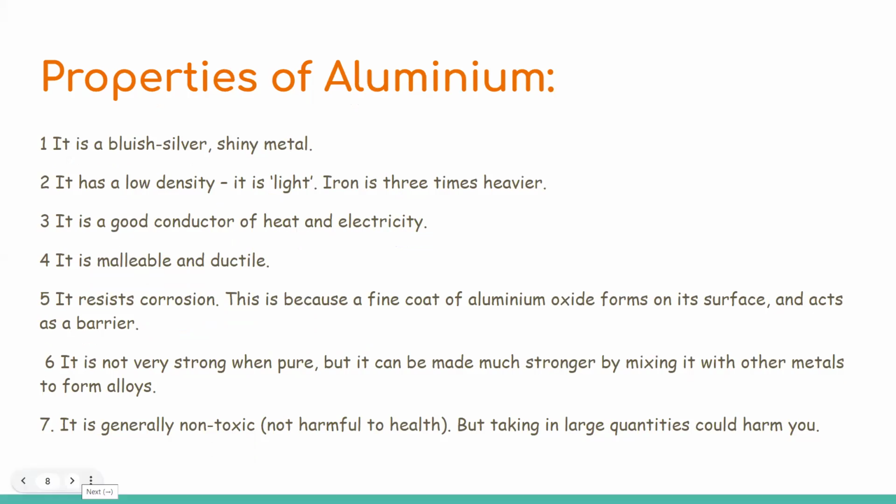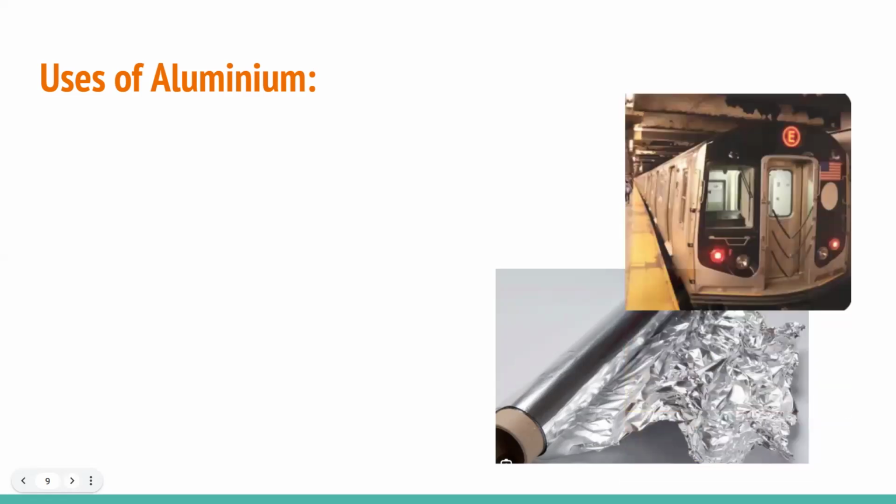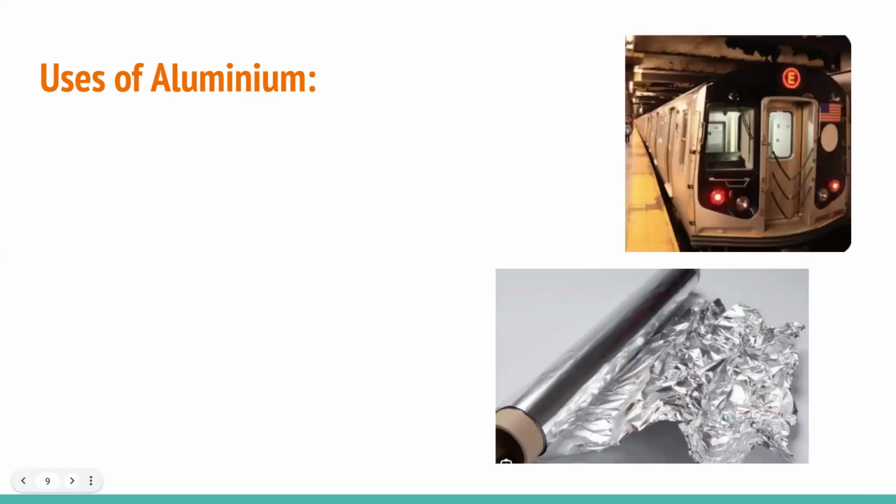Now, because we have studied a lot of properties of aluminium, let's have a look on its applications. Where do we use these properties? Here we go. We all have seen aluminum foils being used in our homes as covering the food, right? Now it is because of the malleability of the aluminum that it is used as aluminum foils. The second thing is you see this train, its body is made up of aluminum.